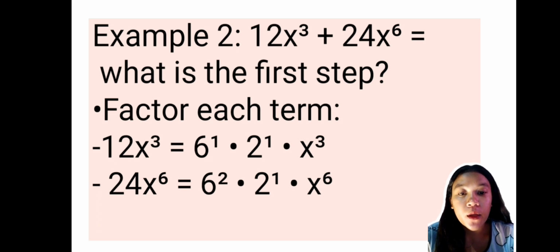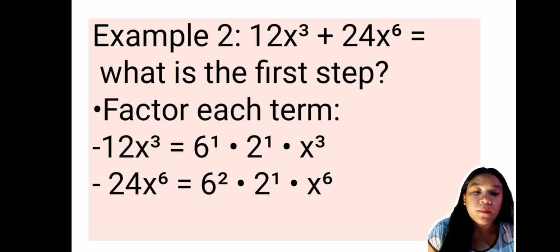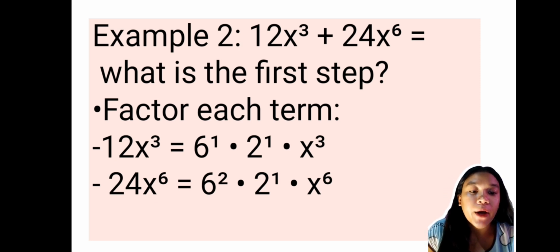Example 2: 12x cubed plus 24x raised to 6. What is the first step? First, factor each term. The first term is 12x cubed. The factor of 12x cubed is 6 raised to 1 times 2 raised to 1 times x cubed.